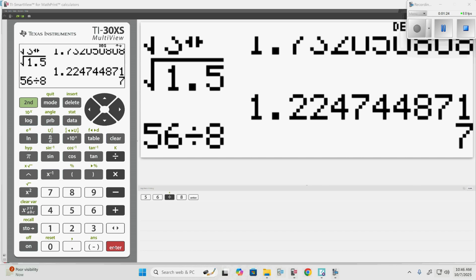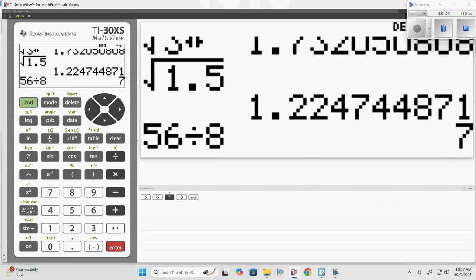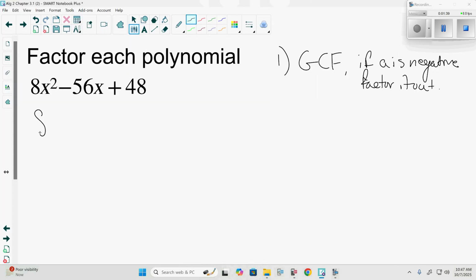So that works. And then the last term was 48. 48 divided by 8 is 6. So 8 would be our greatest common factor: 8 times x squared minus 7x plus 6.